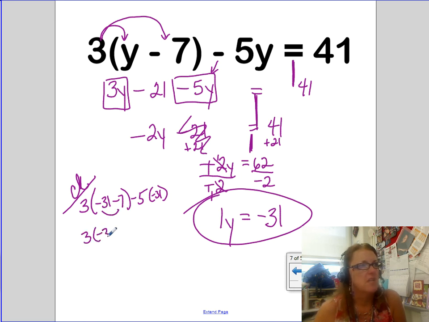Well, let's see here. This is negative 38. 3 times negative 38. Check me on your calculator because I'm old school and I don't like to grab my calculator. It's so much work.